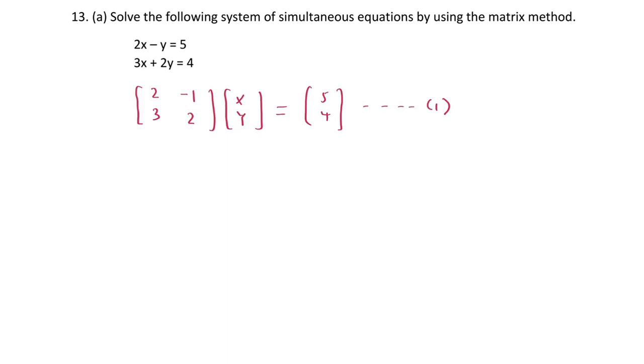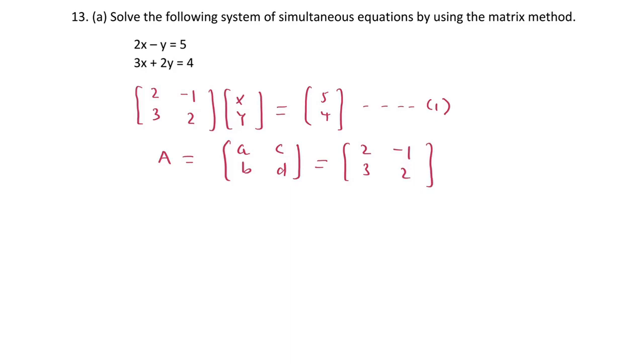Next we are going to let A equal matrix a, b, c, d, which equals matrix 2, 3, negative 1, 2.